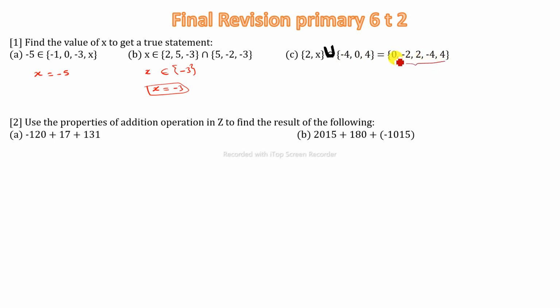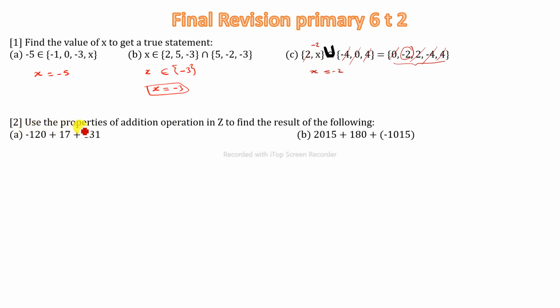These elements are found in each of the two sets. So all the elements must be present here. Zero is present here, negative 2 is not present in either of these, so this is the place of x. So x is equal to negative 2. 2 is present, 4 is present, negative 4 is present, so the only one not present is negative 2. So this is the place of x.